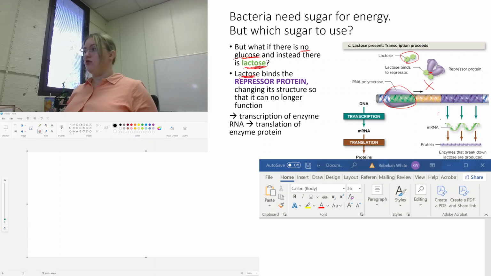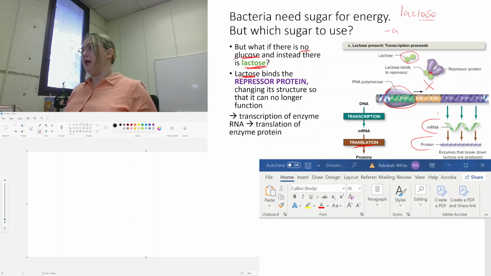Once we can transcribe, we can get our mRNA product, which then leaves the nucleus, gets translated, and then we get our protein product. That protein product is an enzyme called lactase.